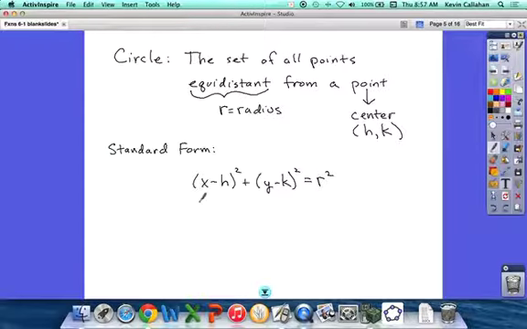That would be like this. It's centered at the origin, so it's (x minus 0) squared plus (y minus 0) squared. And the radius is 3, so it's 3 squared. So that is x squared plus y squared equals 9.